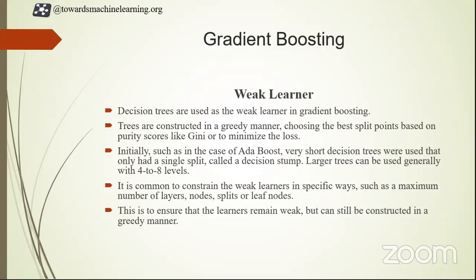You should make trees that remain weak, as they are weak learners, but still they can be constructed in a greedy manner. It is common to constrain the weak learners in a specific way, such as defining the maximum number of layers, nodes, splits, or leaf nodes. All these things you can define while you are building a decision tree for gradient boosting.